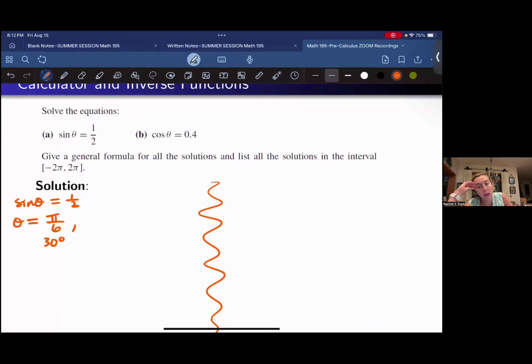So we also have our 5 pi over 6 in terms of radians, aka 150 degrees. But it's along that interval of negative 2 pi to 2 pi. So we want to think of, okay, now let's add in an additional 2 pi to each one of these. And when we do, what do we get?